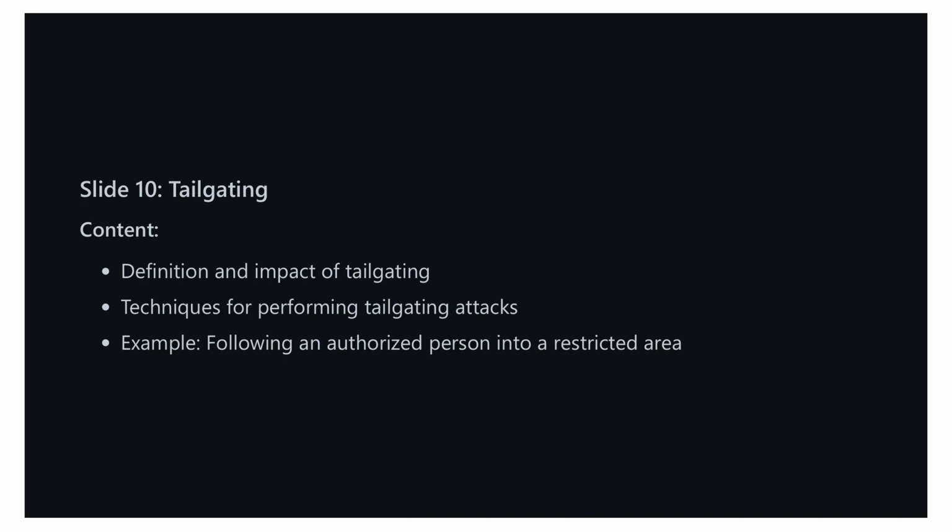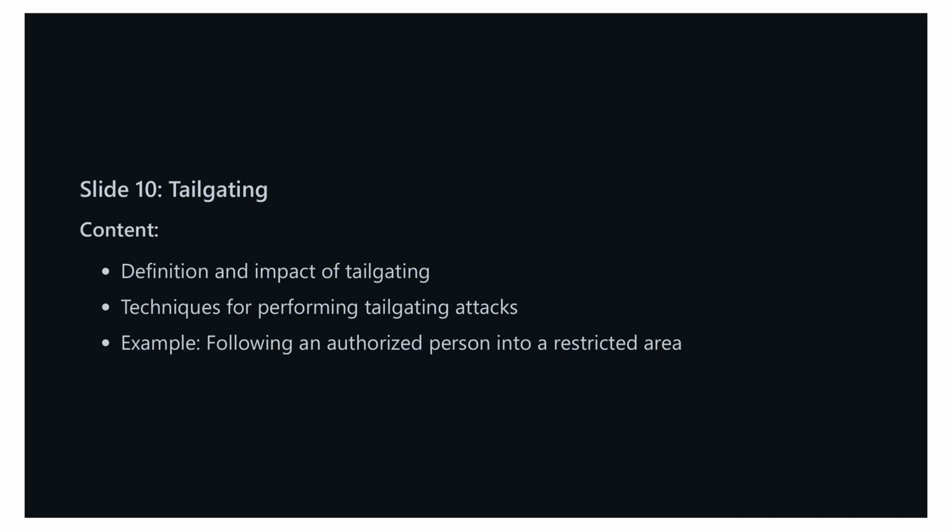To perform a tailgating attack, an attacker might closely follow someone who has legitimate access, taking advantage of moments when doors or security gates are open. Attackers often rely on the politeness or distractions of authorized personnel in these instances. For example, they might slip in behind someone who holds the door open for them, assuming they have legitimate access.